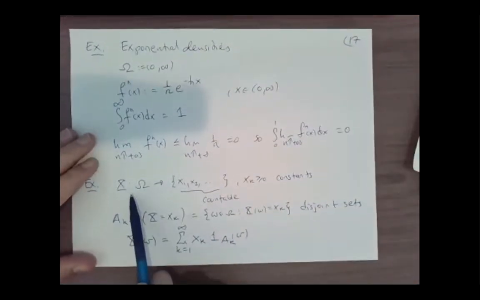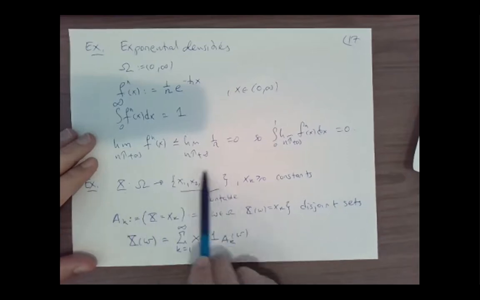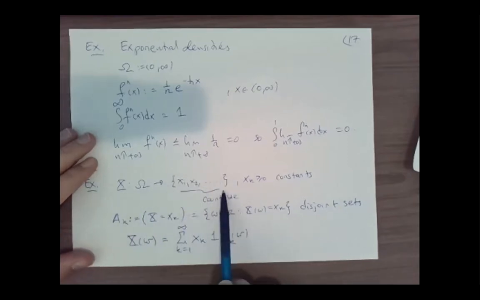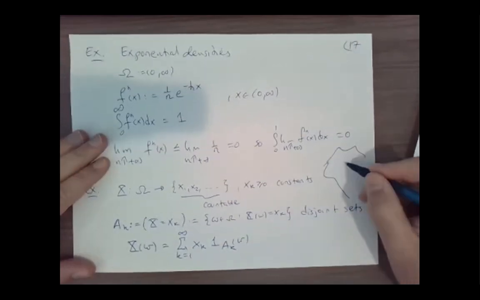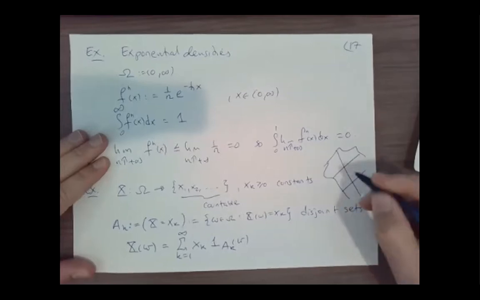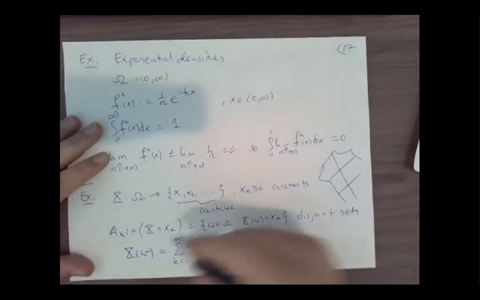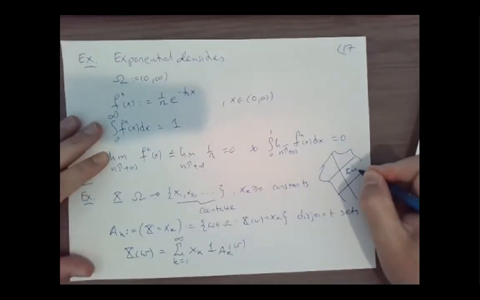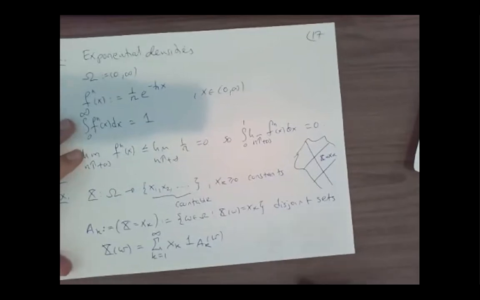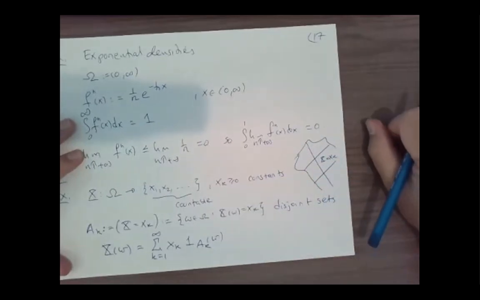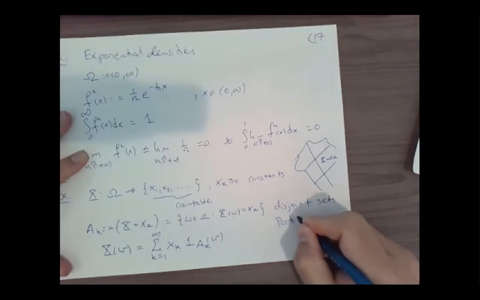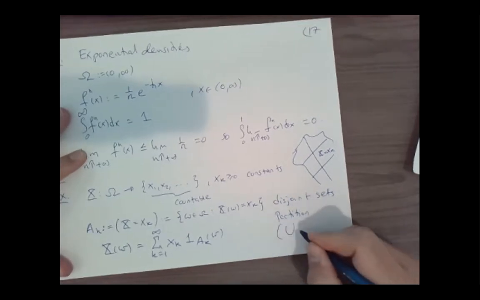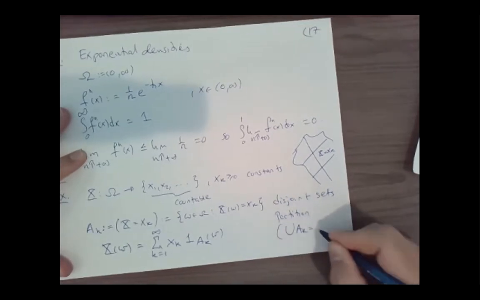The assumption I'm working on now is that my random variable takes on values in this countable set. I can now make a disjoint splitting of omega. If I have my omega here, I'm going to split it up in these cells where x takes the value of xk on a given cell. So this is a partition of omega. Not only are these disjoint sets, this is a partition. That means that the union of all these sets is exactly omega.